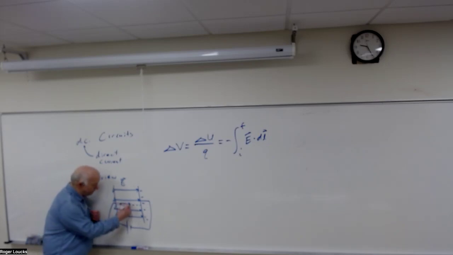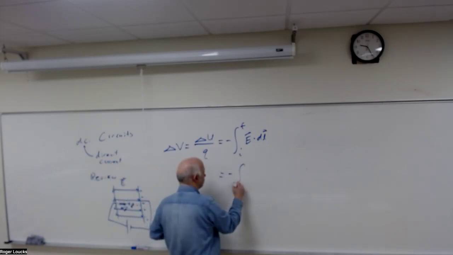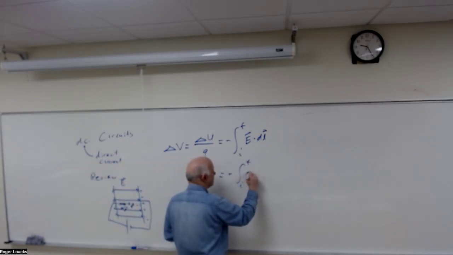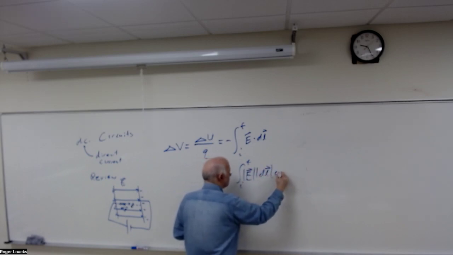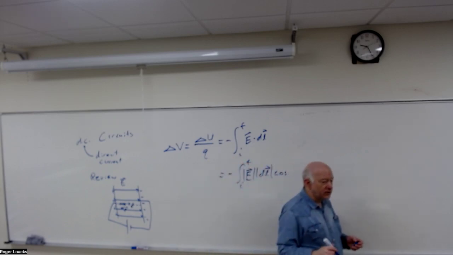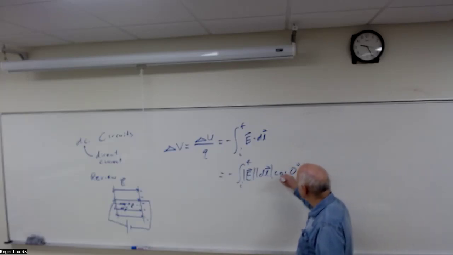And here's our electric field. So in this case, we get minus the integral from some initial to final spot of the magnitude of E, magnitude of dl, cosine of the angle. What angle does the E make with the dl there? 0. Cosine of 0 is 1.